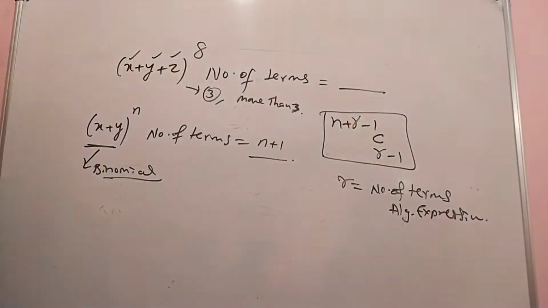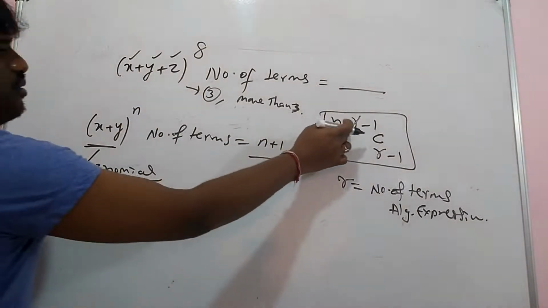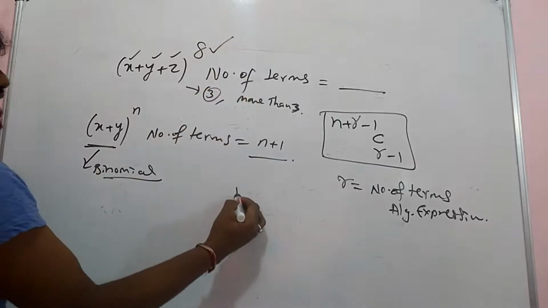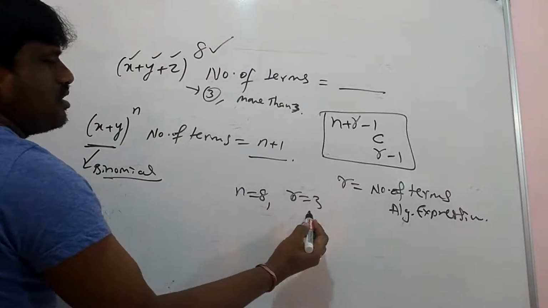How many terms are there? 3 terms are there, so I can use this formula. n is equal to 8, the number of terms r is equal to 3.